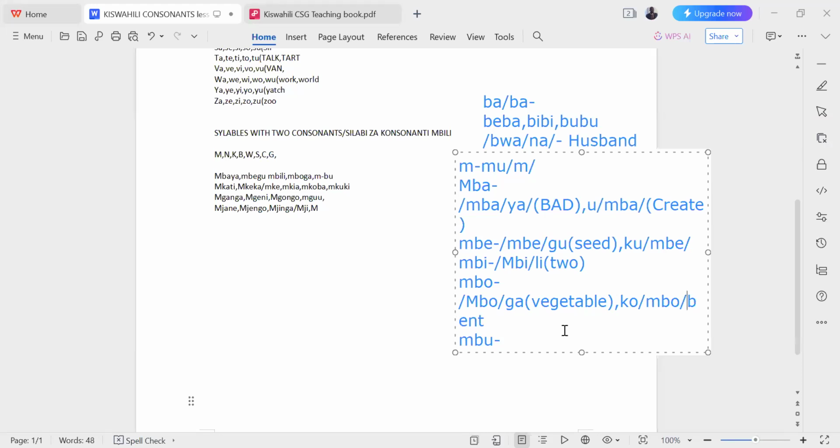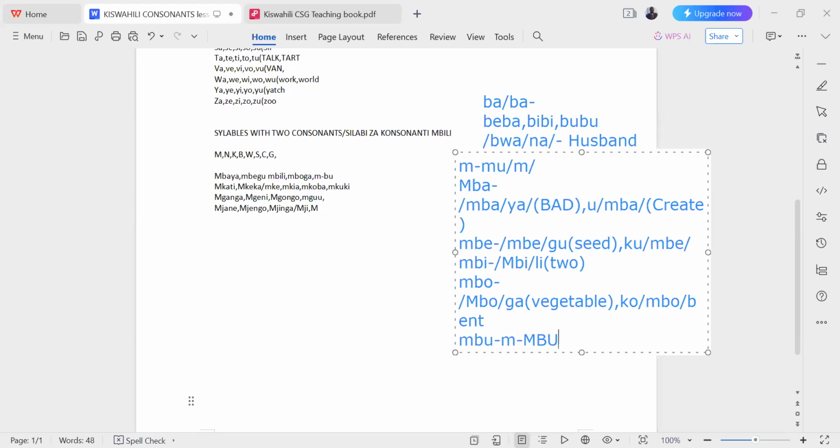Then the last word, mbu, is a bit tricky. There's a time when M cannot be pronounced as we've been pronouncing it. When M is followed by B or another letter, it will be pronounced as a standalone sound, but there's a silent M here.